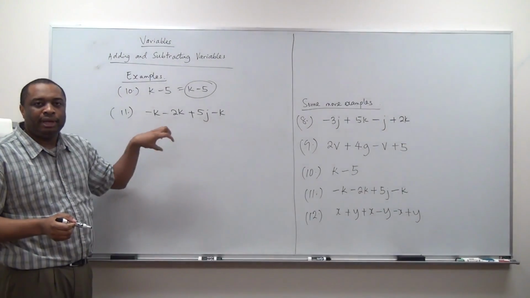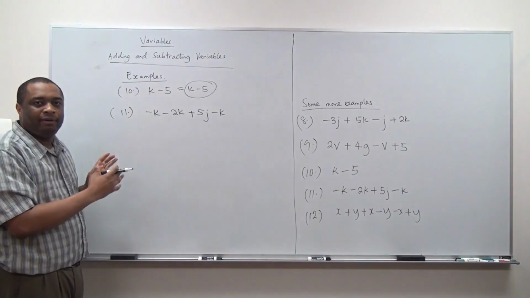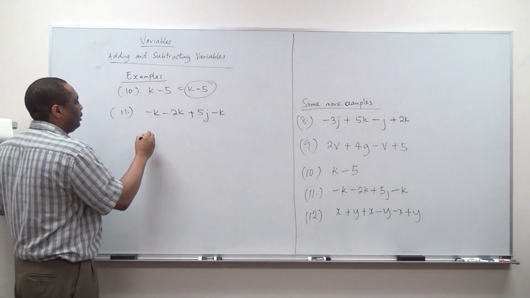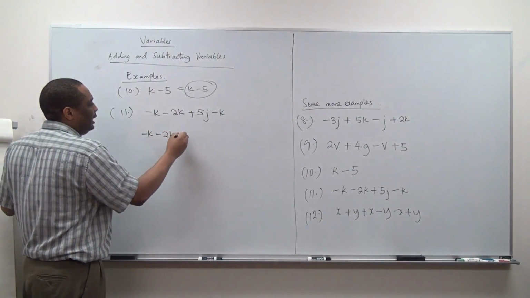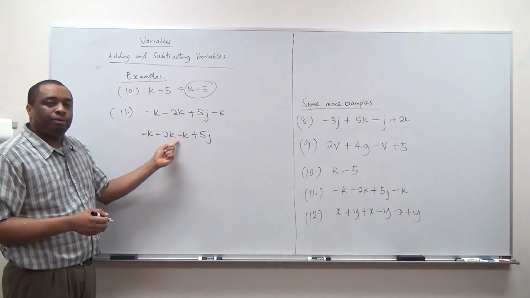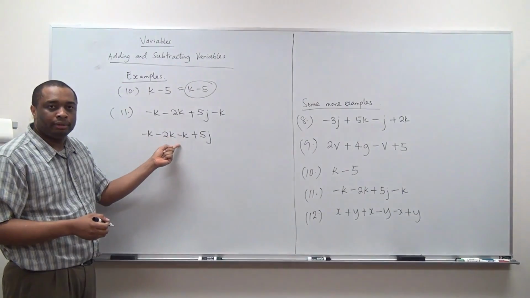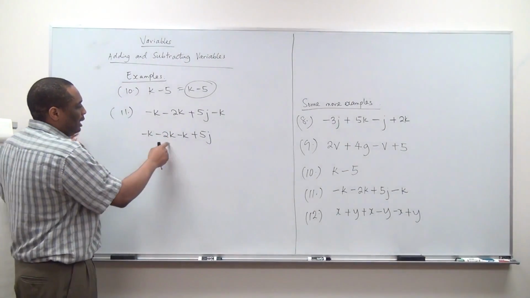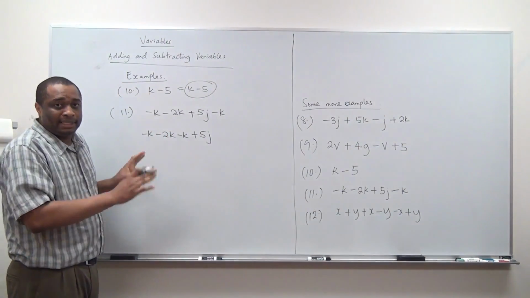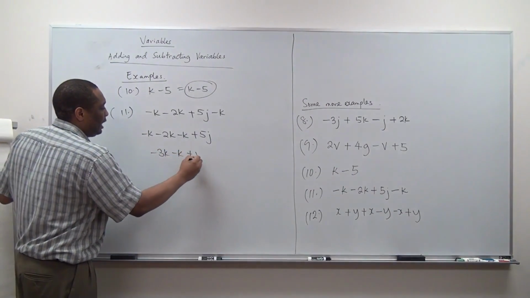So here is also a mixture of like and unlike variables. We get the like variables together as usual. Negative k, negative 2k, negative k plus 5j. You owe 1, you owe 2, you owe 1. Like I said, I will do it step by step so you don't make mistakes. This is negative 3k, negative k plus 5j.